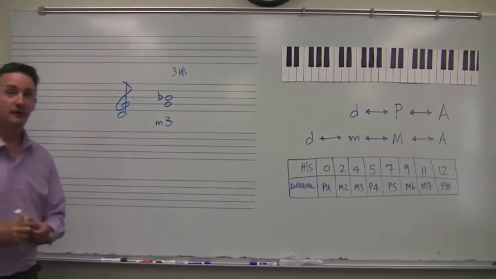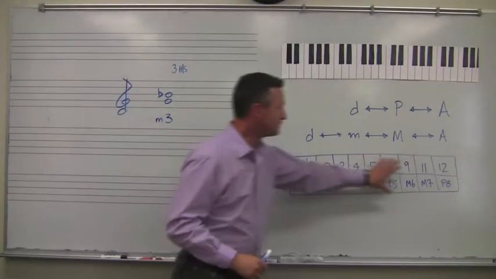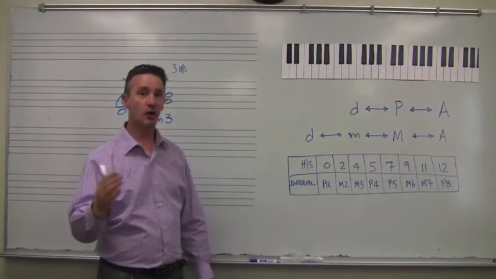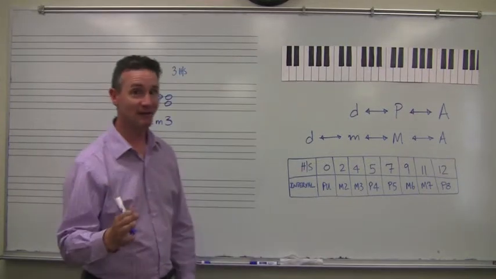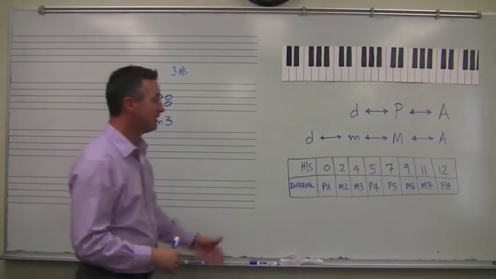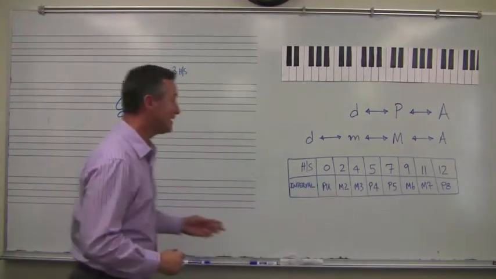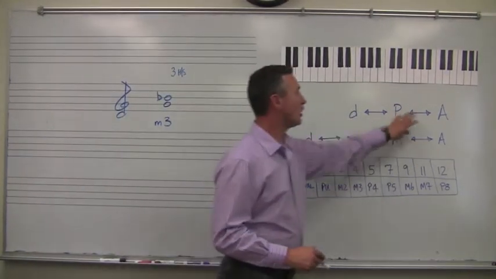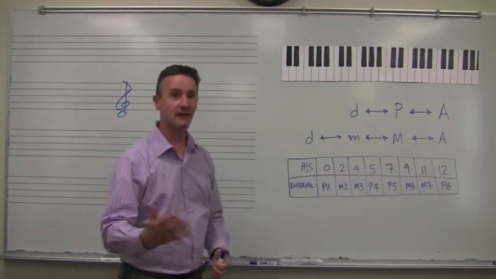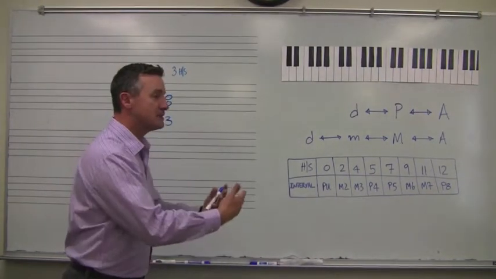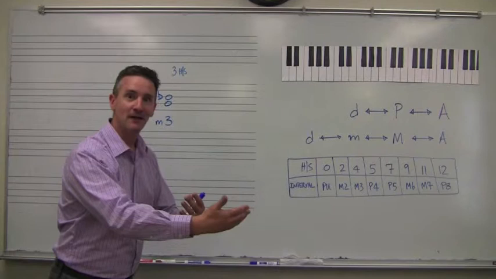Now hopefully you can tell that knowing this is a key element. You have to know quickly and without really having to think about it how many half steps the perfect and major intervals have. If you know that, it's very easy then to think of these charts and go up or down to realize basically that if you have a perfect interval that's 1 half step bigger, it becomes augmented.